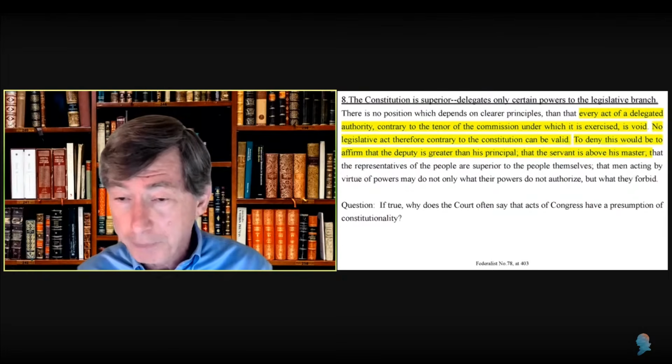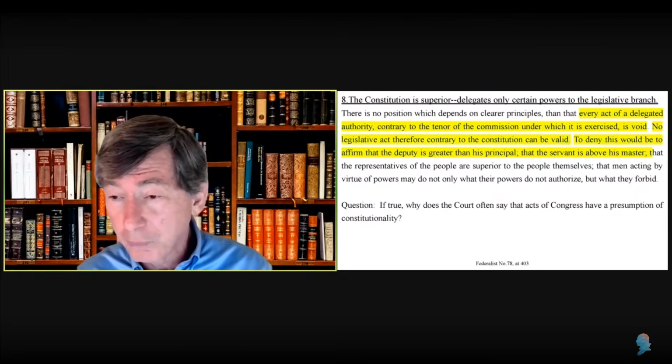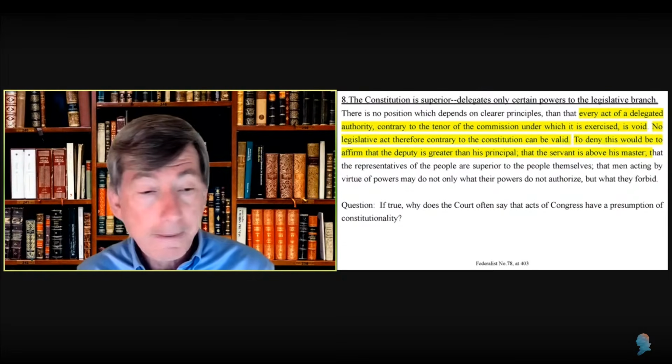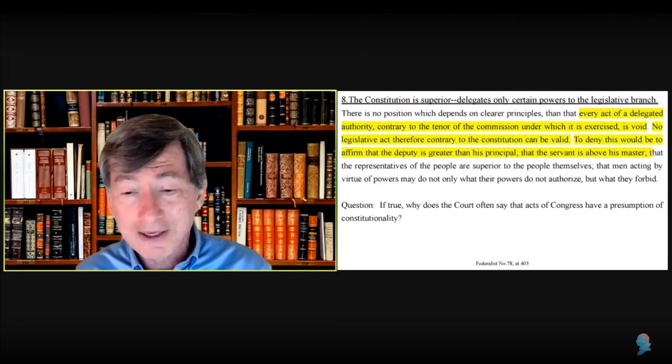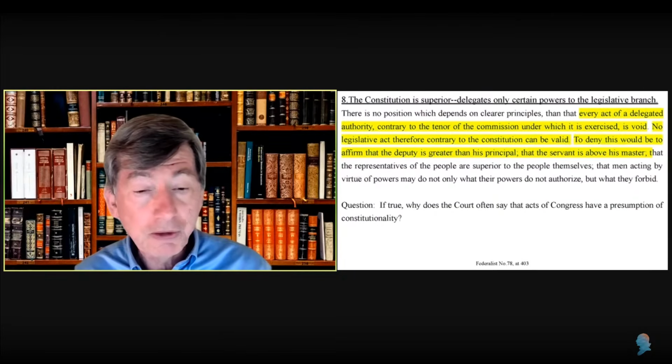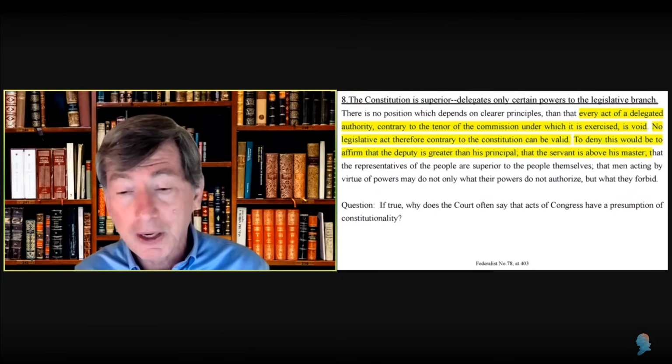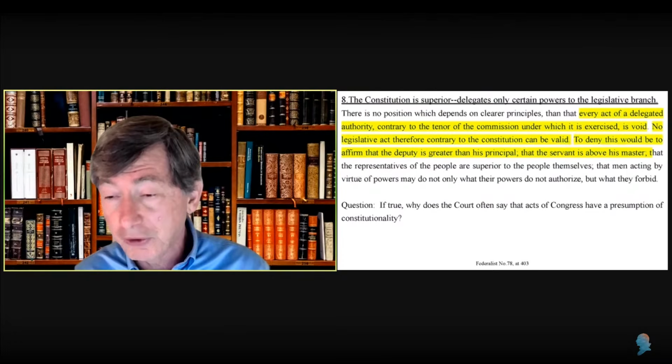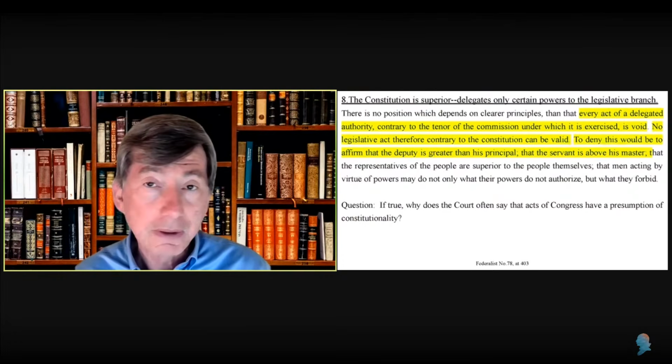So when a delegated power is exercised contrary to the construction, it is void. No legislative act, therefore, contrary to the Constitution, can be valid. We accept that notion. To deny this would be to affirm that the deputy is greater than his principal, that the servant is above the master.